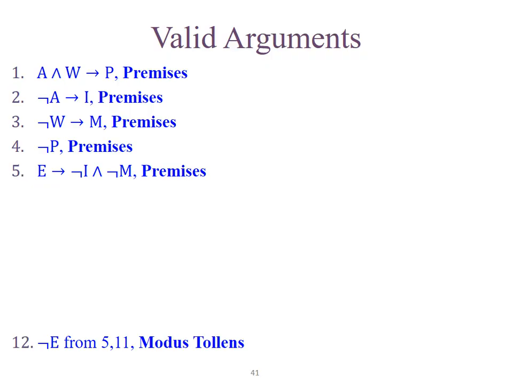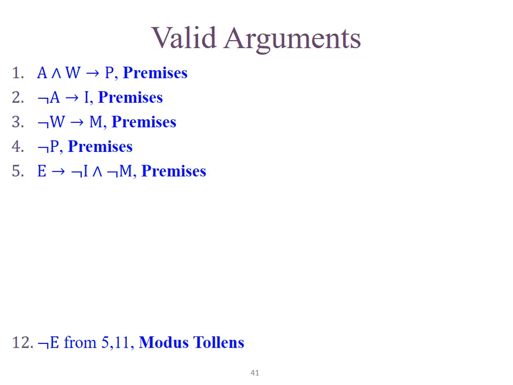Maybe we can rewrite this a little bit because we can apply De Morgan's law here. So not parentheses something, so we can write I or N implies not E. Okay, so now we have this one. So how do we connect this one to these premises?